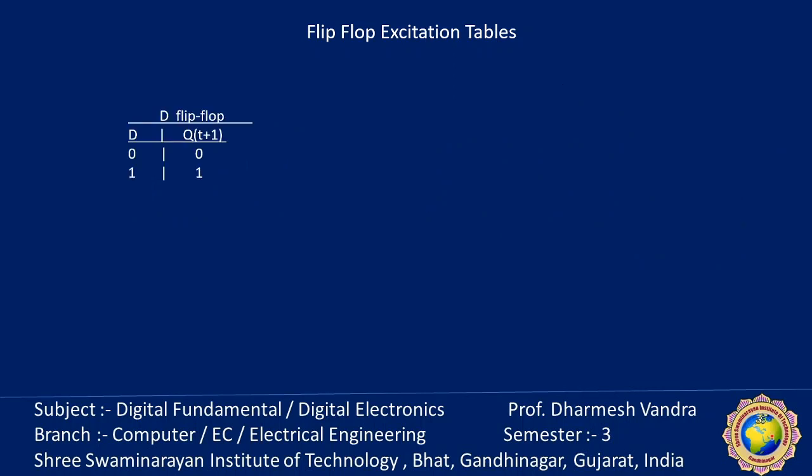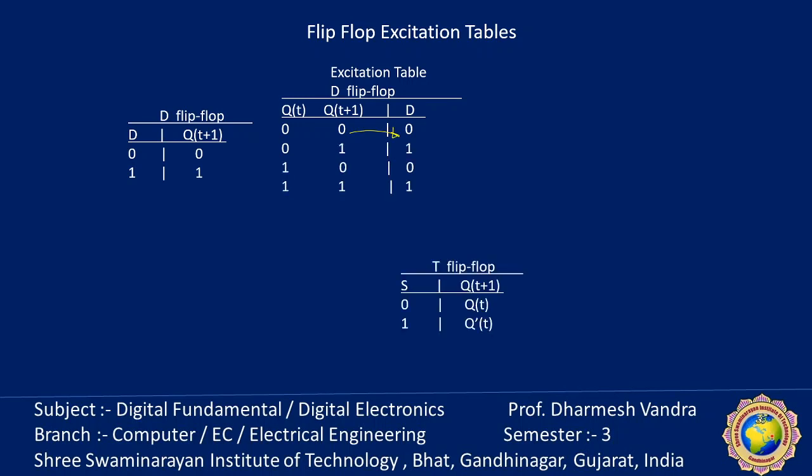D flip-flop: Qt+1 equal to 0 if D equal to 0, and 1 if D equal to 1. So we can say that if Qt+1 and Qt both are 0, 0, D must be 0. Simply, D must be the same as Qt+1. And in T flip-flop, for 0, 0, T must be 0.